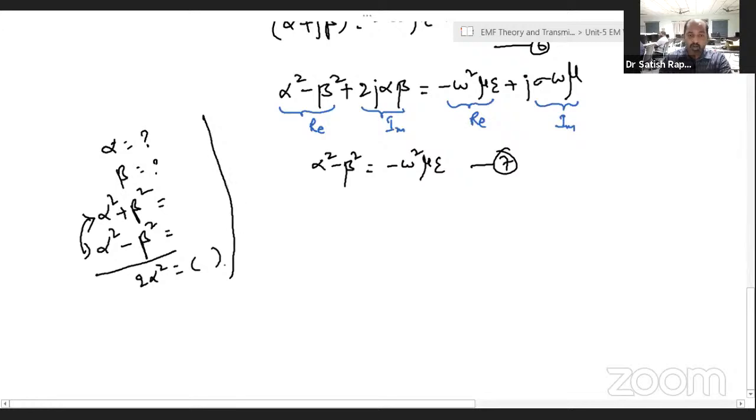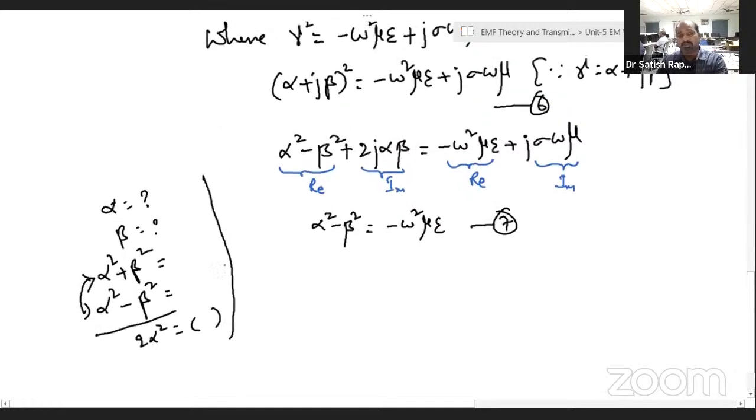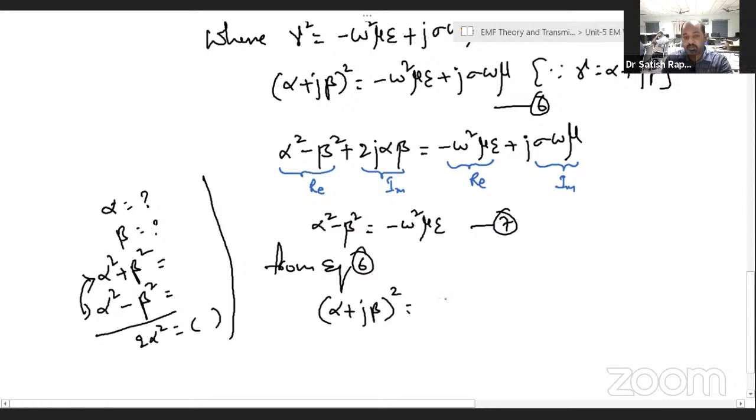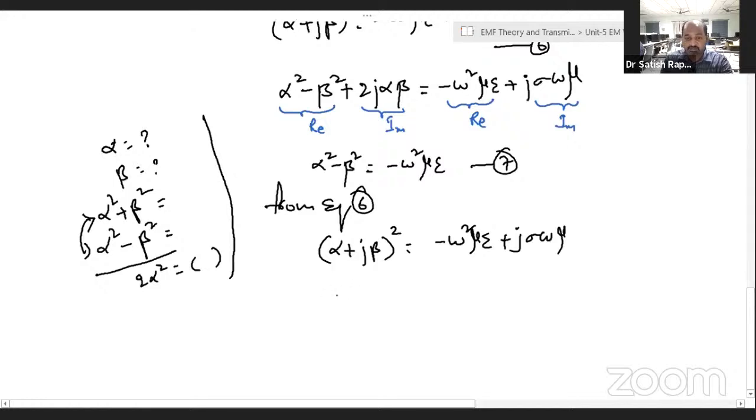Now, how to get alpha square plus beta square? That is from equation 6. From equation 6, what we have is gamma square equal to minus omega square mu epsilon plus j sigma omega mu. Find the magnitude, apply mod on both sides.